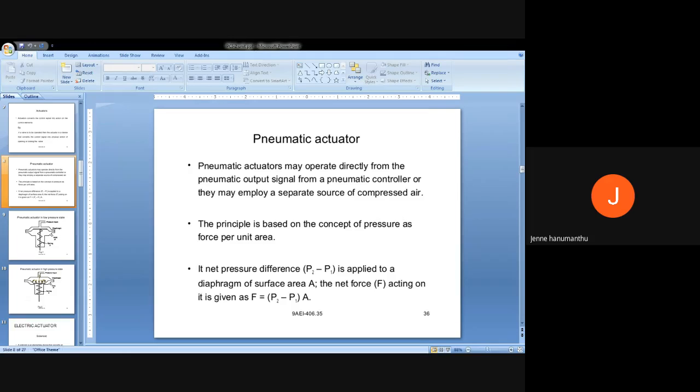So after the converter, the signal converter, we are providing the actuator, right? So if it is an electrical actuator, the output of the signal converter should be electrical. Remember, we provide the actuator after the block of signal converter. Is it clear? So if it is an electrical actuator, what is the input to the electrical actuator?